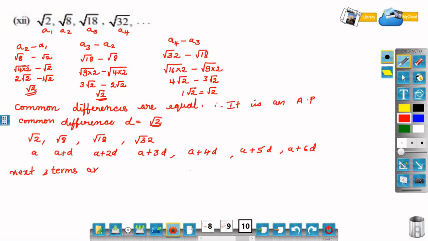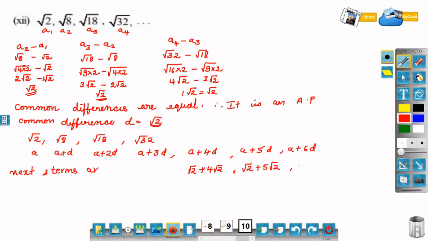So next 3 terms are A plus 4D. What is A? First term is root 2, plus 4, what is D? D is root 2. Next, A plus 5D, root 2 plus 5 root 2. First term also root 2, common difference also root 2.